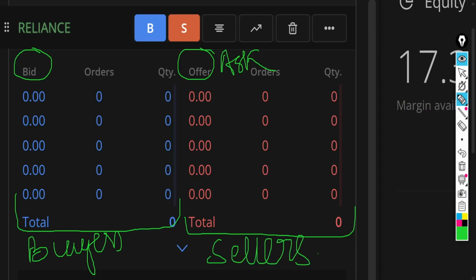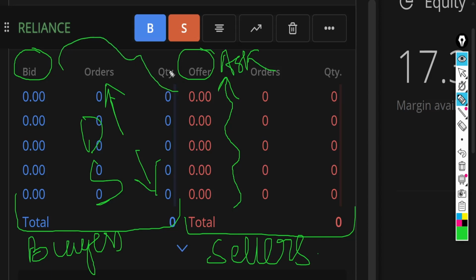So what will you notice in the live market? If demand is high and supply is less, then sellers generally increase their offer or ask prices, and buyers agree to buy at those elevated prices to match the seller prices, and the price will go up.